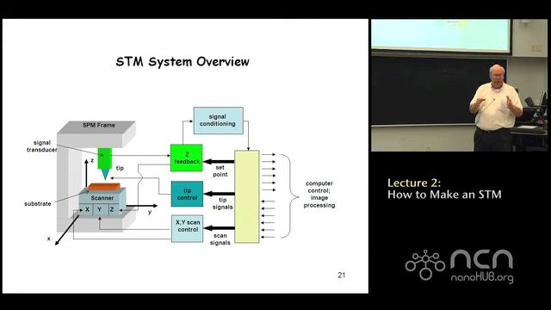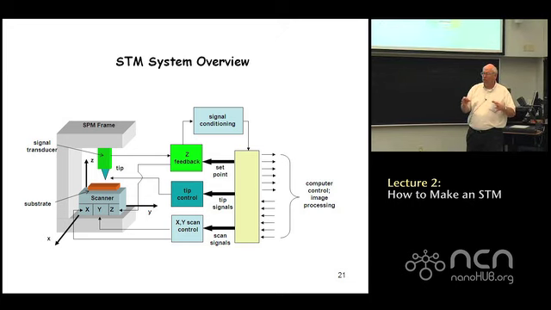You measure current, tunnel current, and the tunnel current is typically a fraction of a nanoamp. You can't control on currents easily. You have to control on voltages. So you have to be able to take that tunnel current, convert it into a voltage, and the way you do that is with a current to voltage amplifier, right?